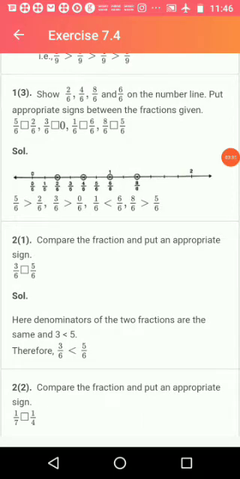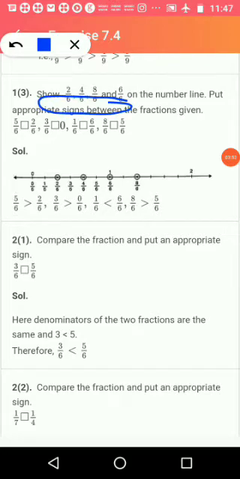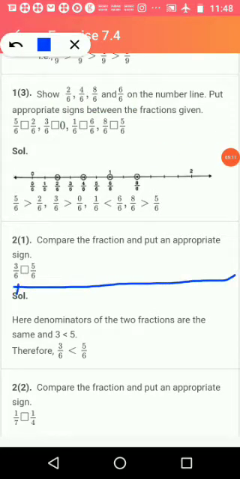Show 2 by 6, 4 by 6, 8 by 6 and 6 by 6 on a number line. So now we have learned how to draw a number line for fractions. You see, all have denominator as 6. So you draw a number line and then you make 9 divisions. Obviously everyone should be of equal length.